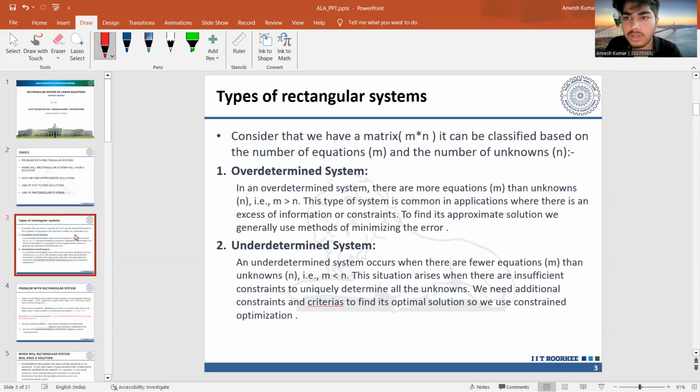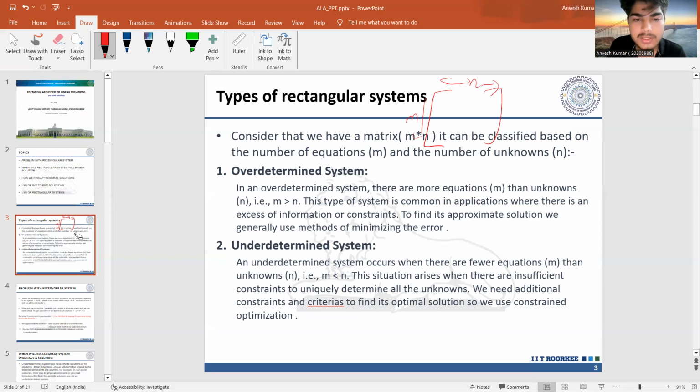So there are two types of rectangular system. In our system of linear equations, we will have m equations with n variables. If m is larger than n, then the matrix will be longer while the width is smaller.